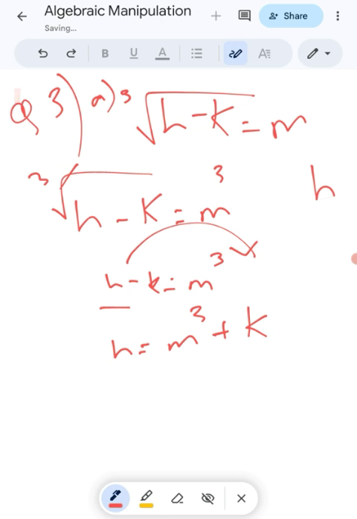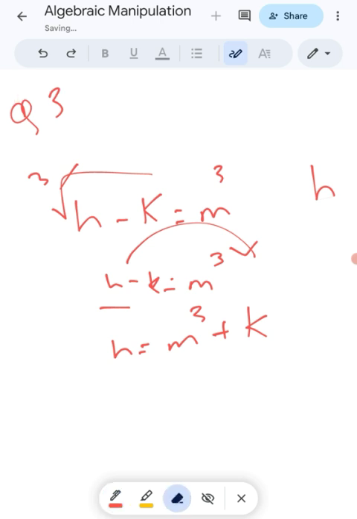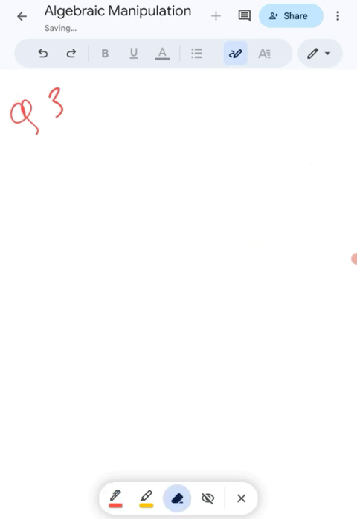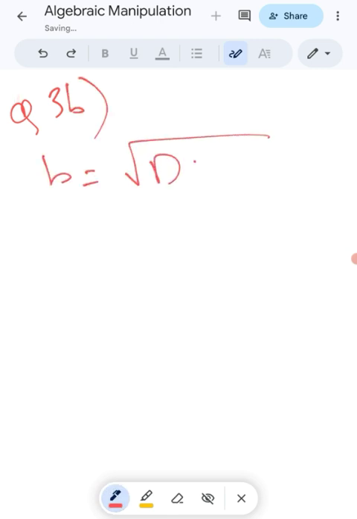Okay, so moving on towards part B. Part B says that B is equal to root of D plus 4AC. Okay, and D had to be made your subject. Now remember to remove the root first, because we cannot solve the question like this.